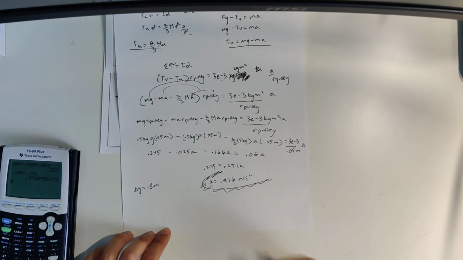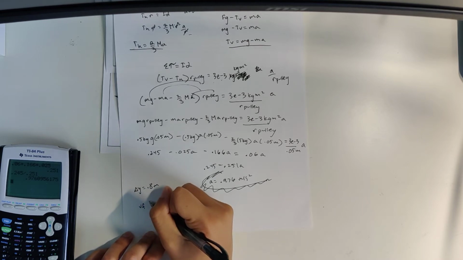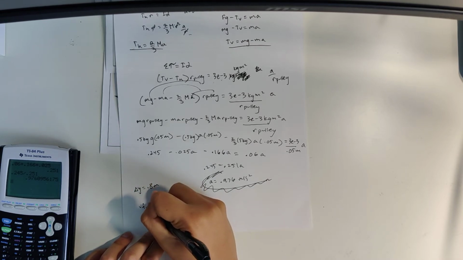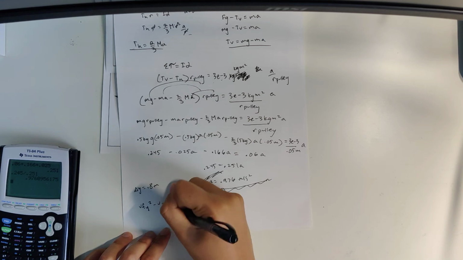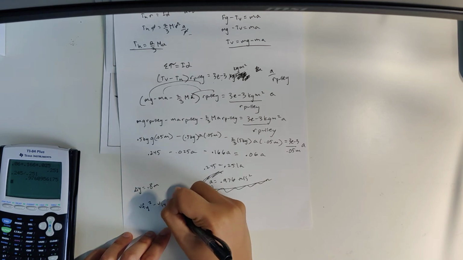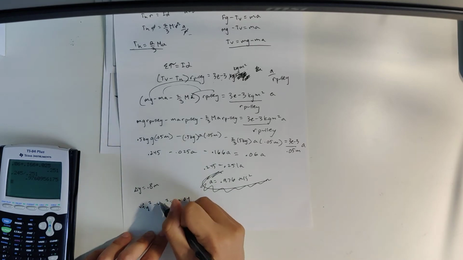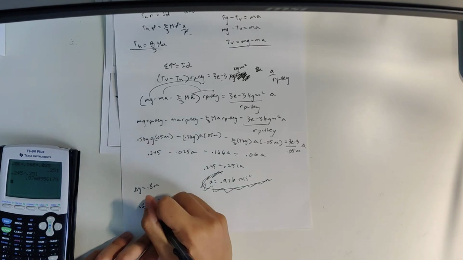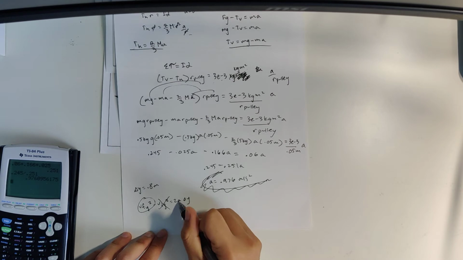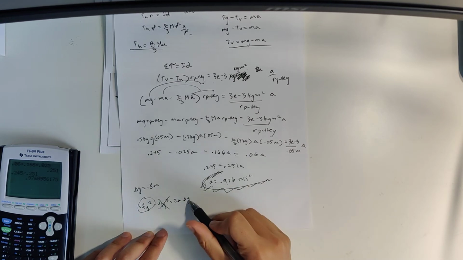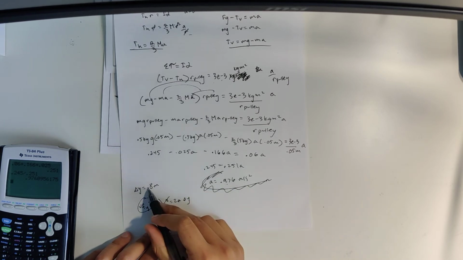So if we do VF y squared minus V I y squared equals 2a delta y. You start from rest, that cancels out. This is what you're trying to find right here. You know what your a is, we just found it, and you know what your delta y is, which is 0.8.